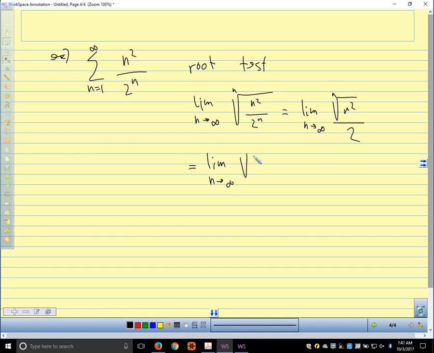This is the nth root of n, squared, over 2. And what's the limit as n approaches infinity of the nth root of n? This is 1, and we get 1/2. The limit as n approaches infinity of the nth root of n, that was one of our common limits, is 1. And so the series converges absolutely. I guess we're not alternating terms, so our series converges.